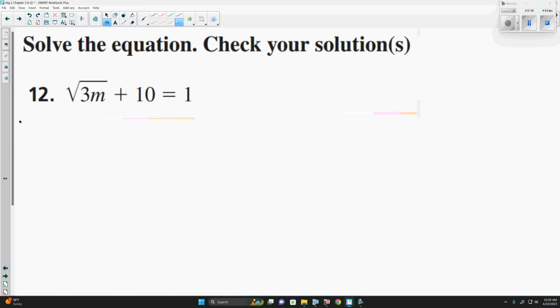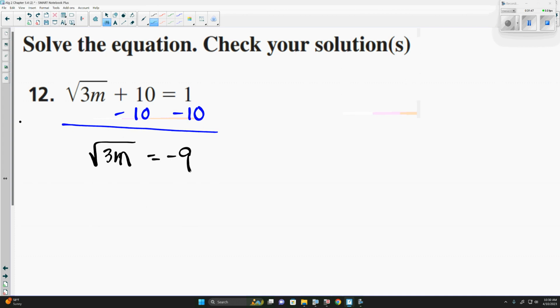So if we look at this one here, step one, we do have one radical. We need to get it by itself. So we would subtract 10 from both sides, telling us that the square root of 3m is equal to negative 9. No solution.